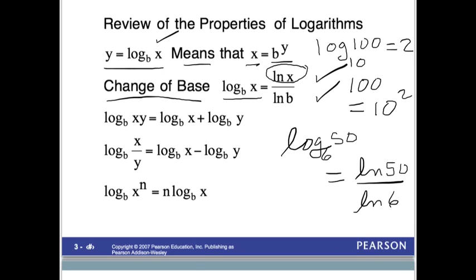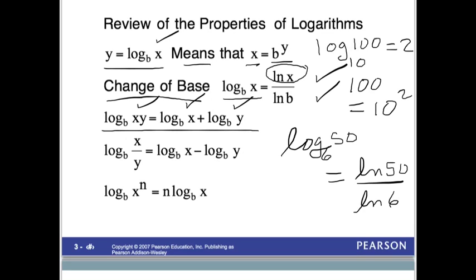Now, three more properties of logarithms that are very important. The logarithm of a product, x times y, is simply the logarithm of x to the base b plus the logarithm of y to the base b.